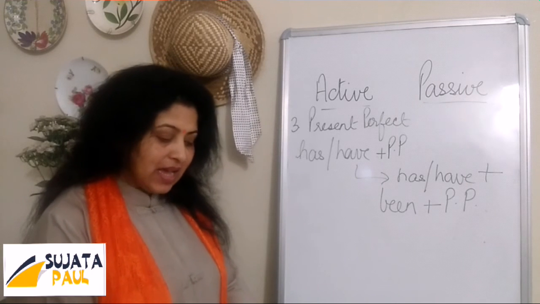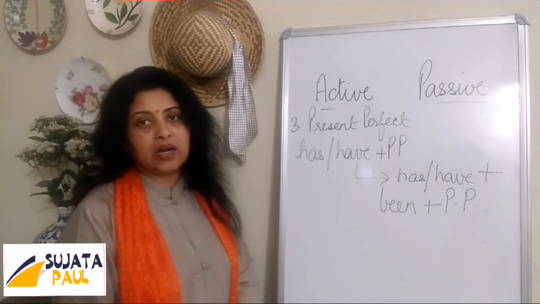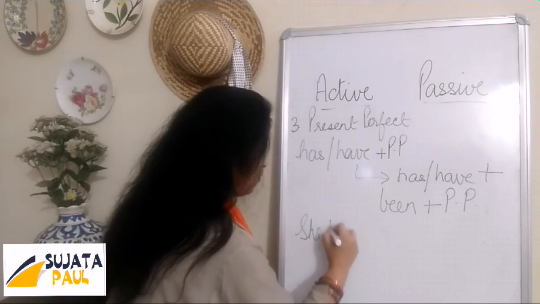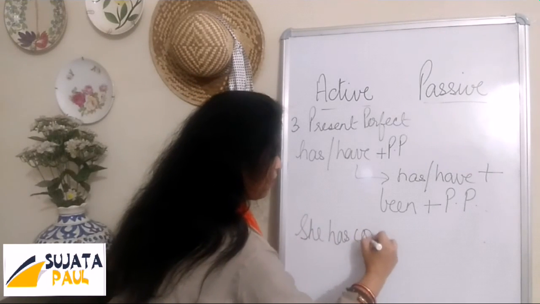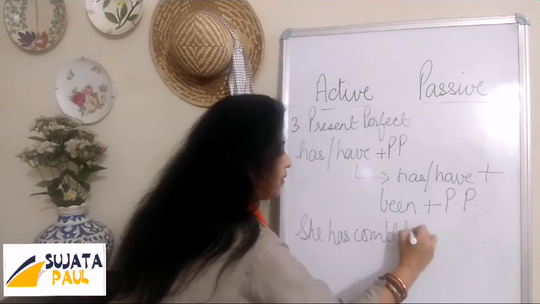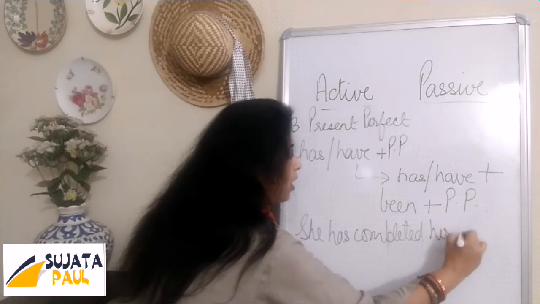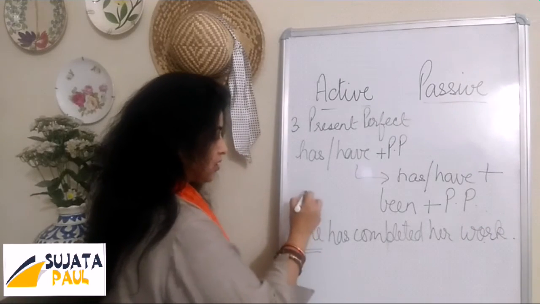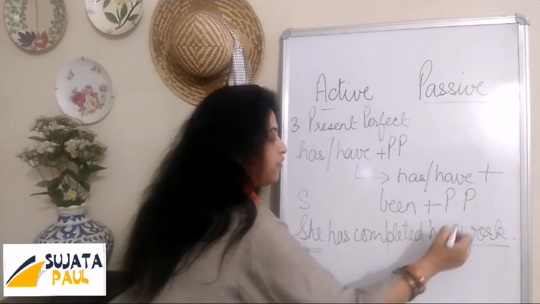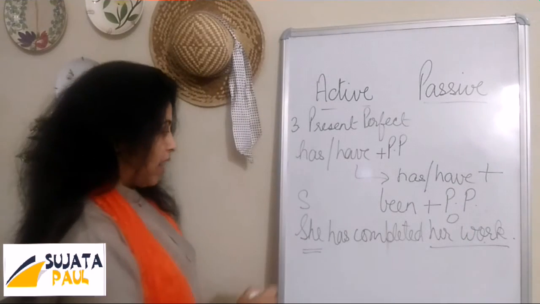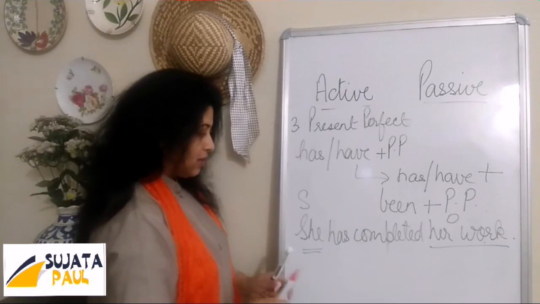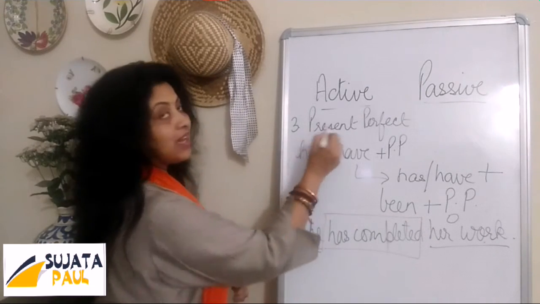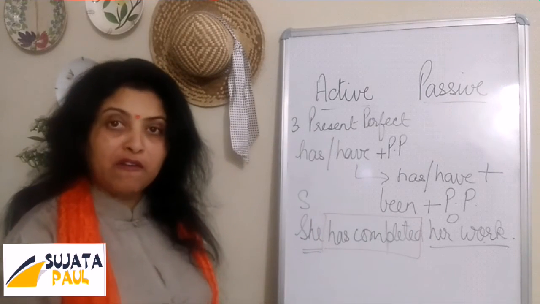So let's see a sentence. She has completed her work. She is the subject. Her work is the object, and look at this. This thing has completed tells us this is present perfect.